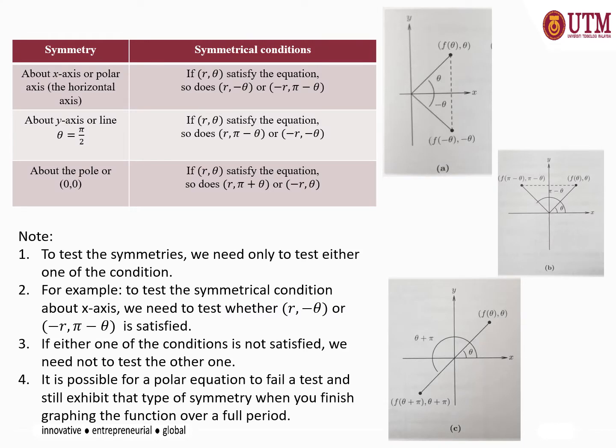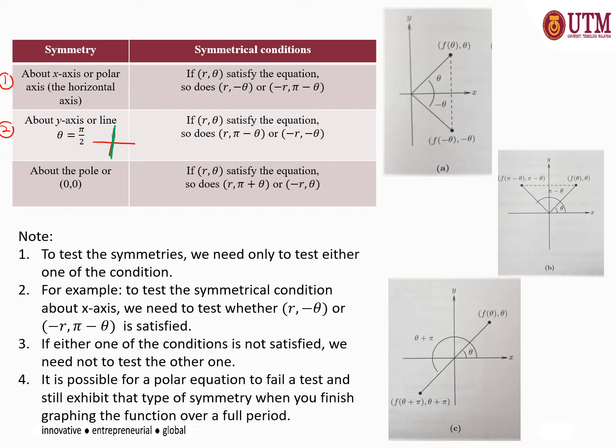For the first one, checking the symmetry about the x-axis or polar axis: if (r, theta) satisfies the equation, so does (r, negative theta) or (negative r, pi minus theta). The second one is to check the symmetry about the y-axis, or the line theta equals pi over 2, which refers to this line.